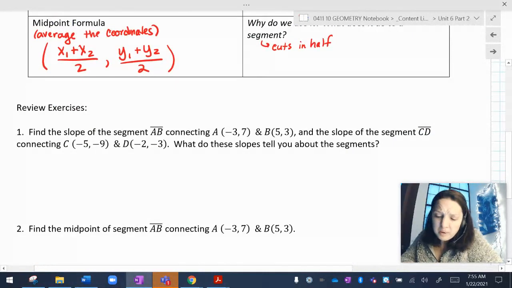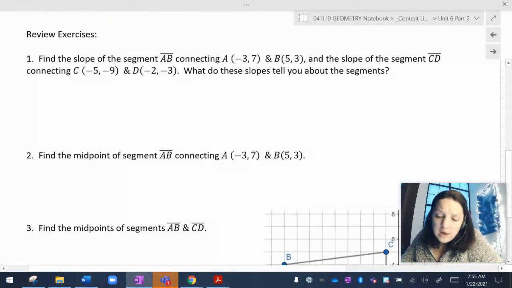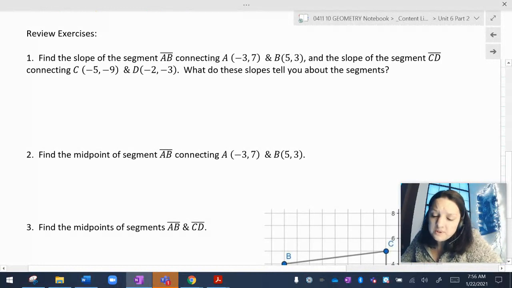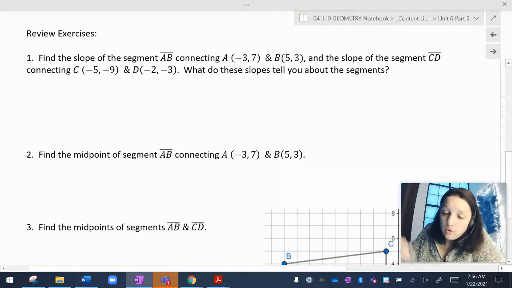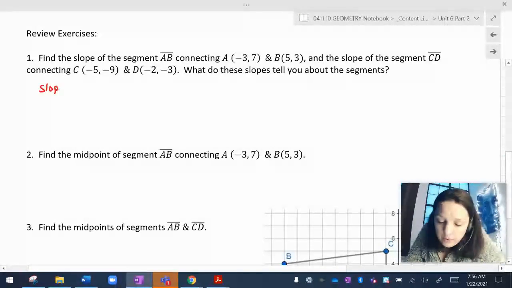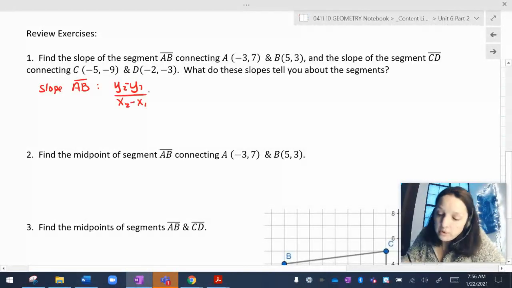All right, let's do a little bit of practice of things that you've already done. So it says, number one, find the slope of the segment AB connecting (-3, 7) to (5, 3), and the slope of CD. What do these slopes tell you about the segments? Okay, so if I want the slope of AB, I'm going to do this using that formula y2 minus y1 over x2 minus x1.